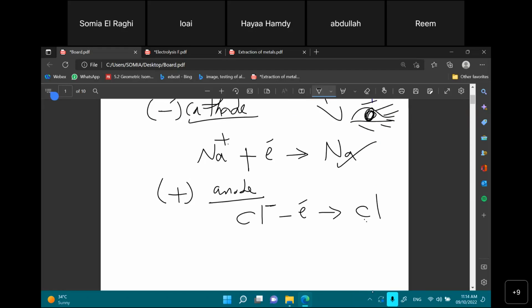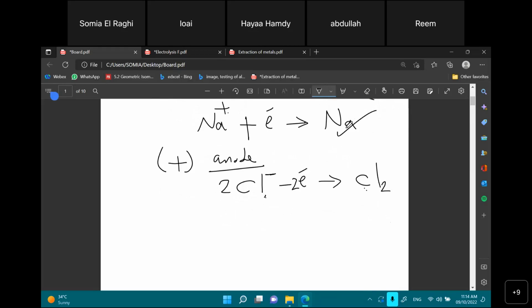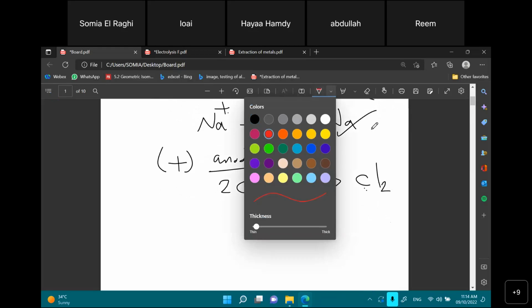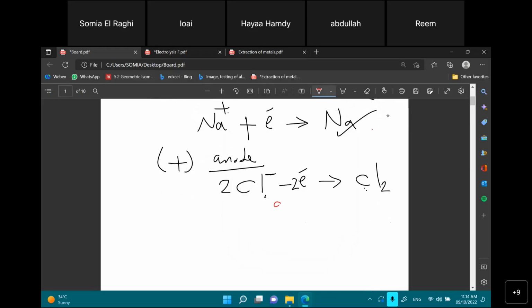Yes, diatomic. So Cl2, and then I never write the value under the ion. I put it in front, where every ion loses 1 electron, so it is 2 electrons. If you want to write it this way, don't worry. You will get full marks. Or you can write the electrons on the other side: 2 chloride ions will get chlorine plus 2 electrons.